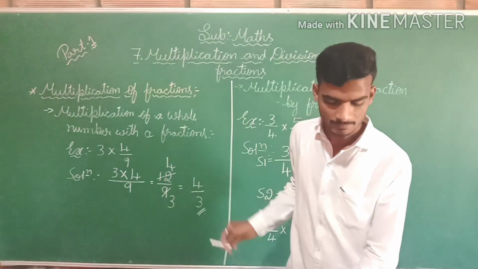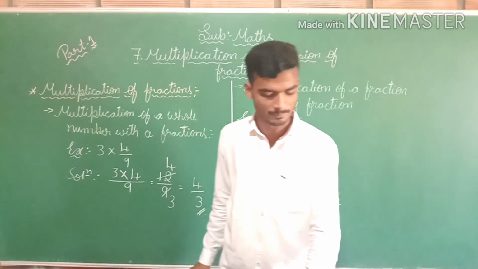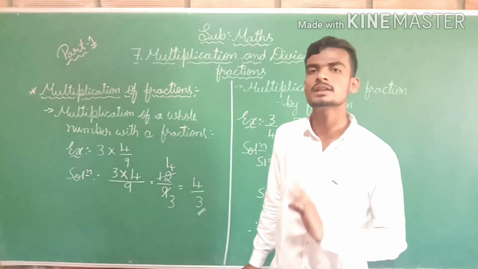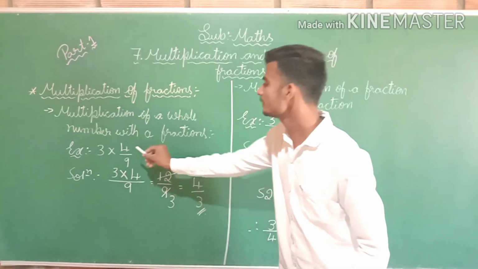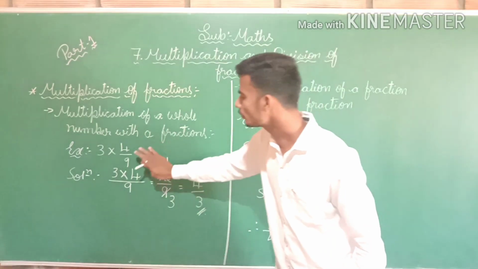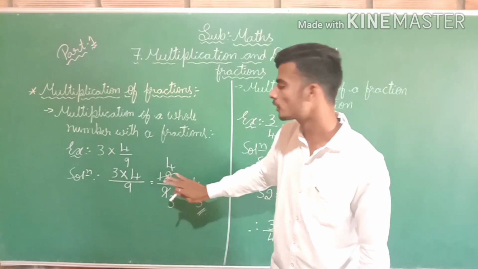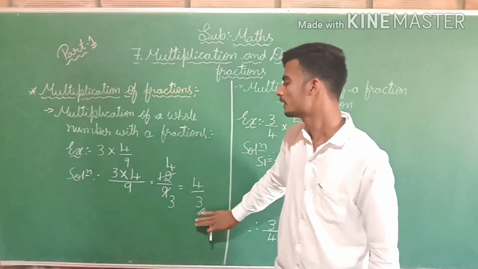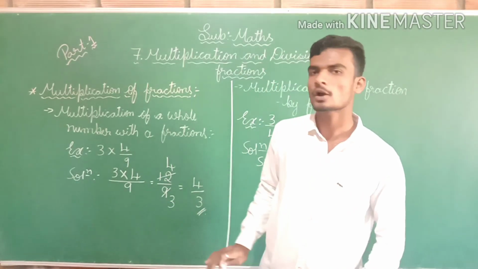This is the second problem from your exercise 7.1 A. The third and fourth problems, all four problems, are similar. You have to follow the same steps to solve all those problems.